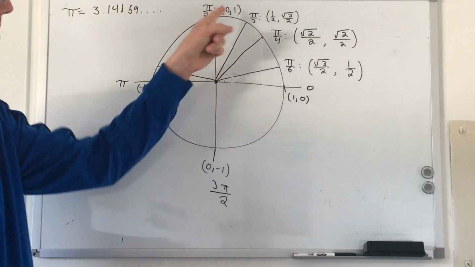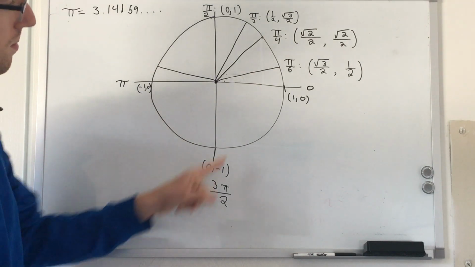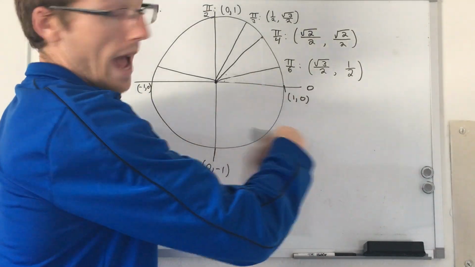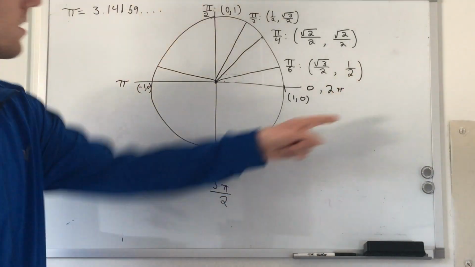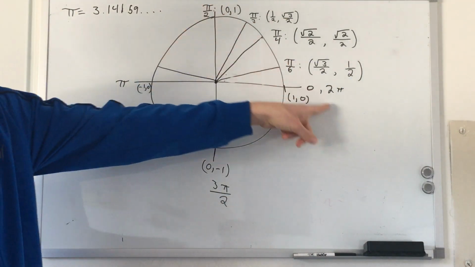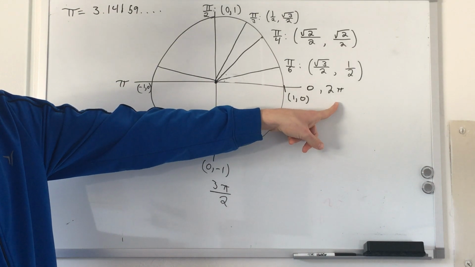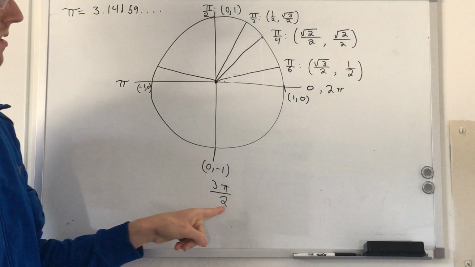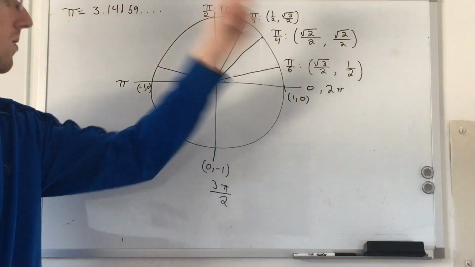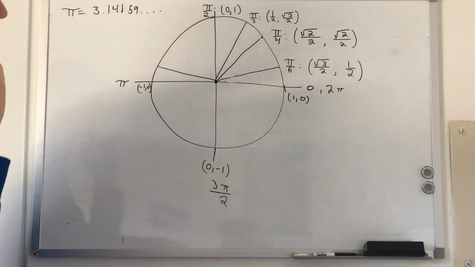Right, so we go 0, pi over 2, pi, 3 pi over 2. And then if we were to add pi over 2 again, we could get 2 pi, and then we could do it again. So if we add pi over 2 to 2 pi, what do we get? That's 5 pi over 2, 6 pi over 2, 7 pi over 2, and you can just keep going around and around and around.